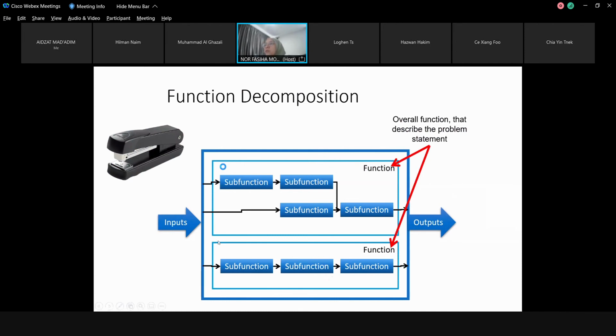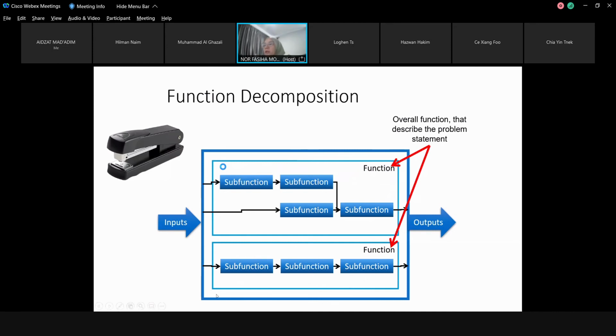Let's take this stapler as an example. The biggest box represents the whole stapler, and the functions are inside. The first main function could be to staple papers. The second main function could be to remove the staples from papers.